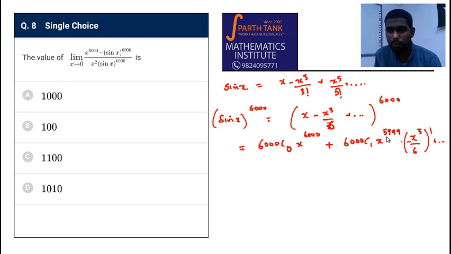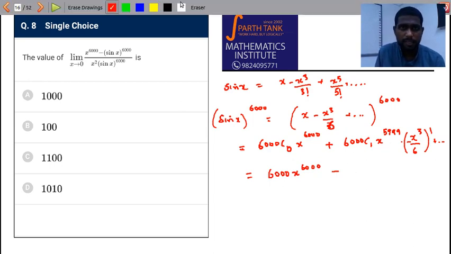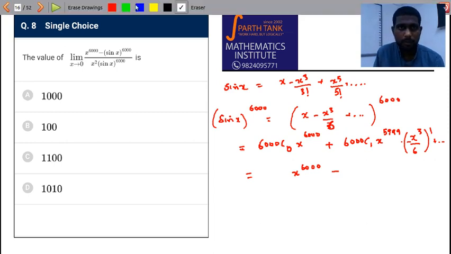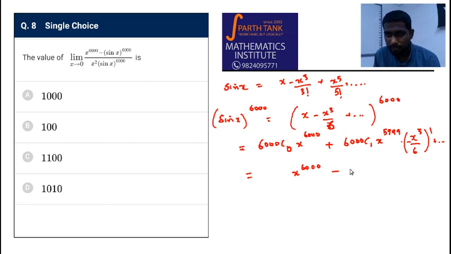And then the next one would be 5998 and this whole squared and so on. Let us just consider the first two terms. This is nothing but 6000 C0, which is just x to the power 6000, minus 6000 by 6 x to the power 6002.